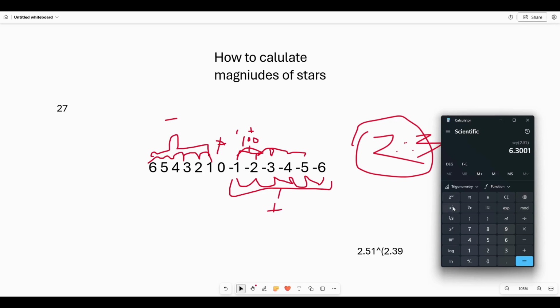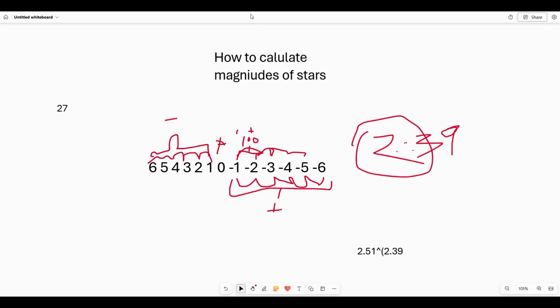So we'll just write this. The square at least should be again 2.39. I don't understand where's the power symbol. Okay, you know what? I'll just calculate and just tell you.